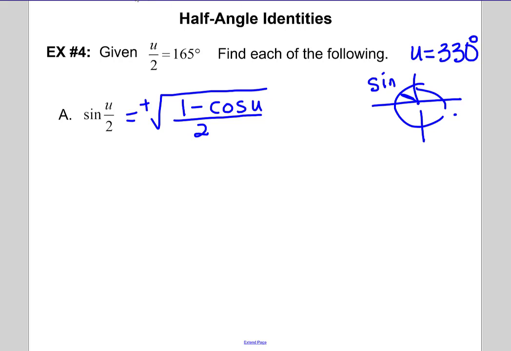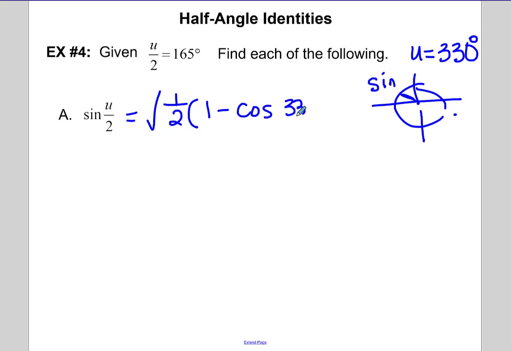Now, I'm going to rewrite my formula. I prefer it a different way than what it's given on our notes. I would prefer it to be 1/2 here. I'm just pulling the denominator off, and 1 minus cosine of 330. Okay, and what is the cosine? So I got to go back to my unit circle.